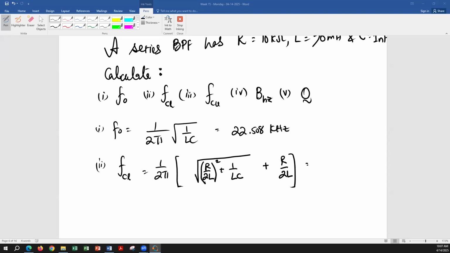Oh yeah, that's the upper. That's right, that's not the lower. It's the equation for the upper because we have both positive. That makes sense. So this is 43.48 kilohertz.